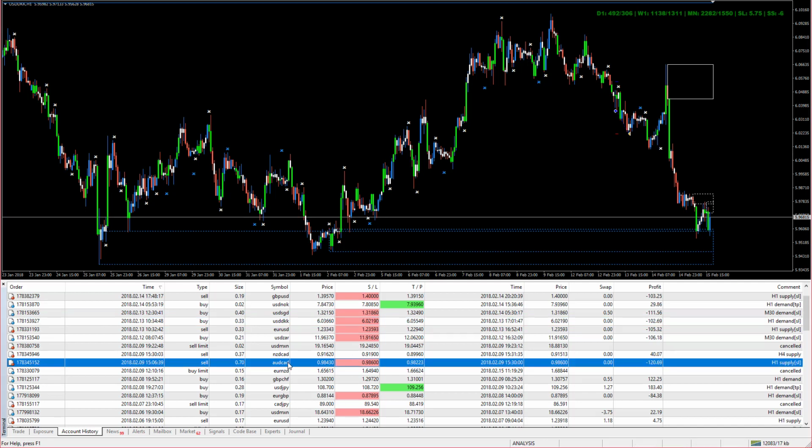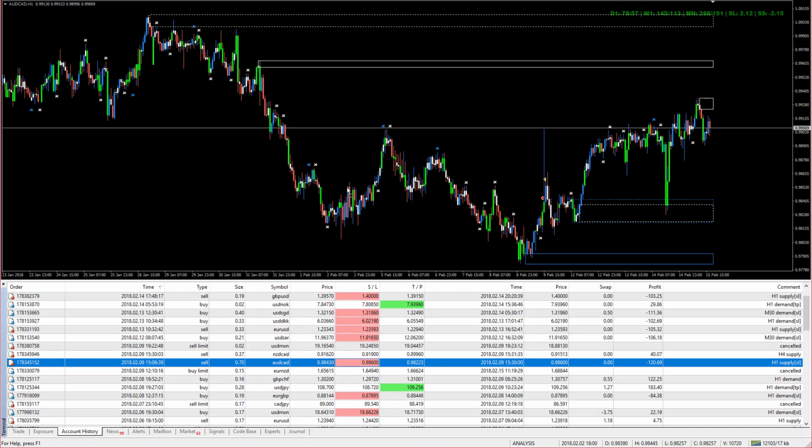We're going to start with this Aussie CAD trade here. This was a sell, and you can see the sell here. If you consider for a moment this whole structure, if we draw this nicely on the chart, we have something that looks like this.